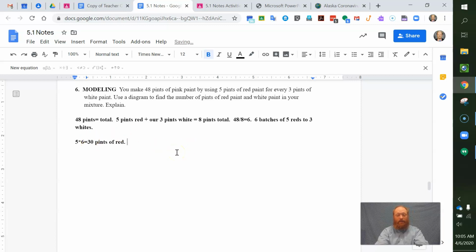So then, 3 whites times 6 is equal to 18 pints of white. So in order to make our 6 batches of 5 reds to 3 whites, we need a total of 30 pints of red and 18 pints of white.